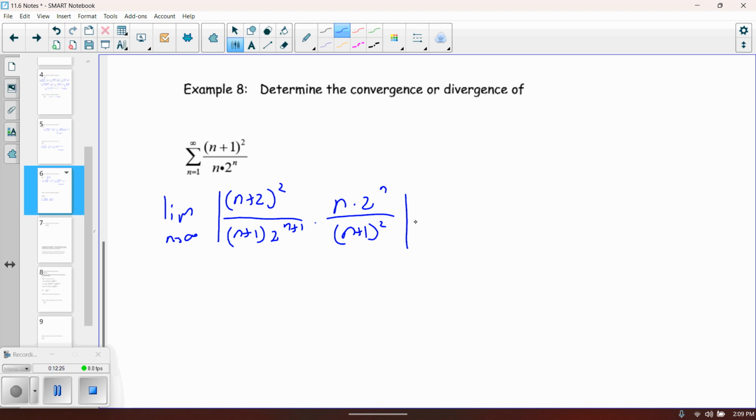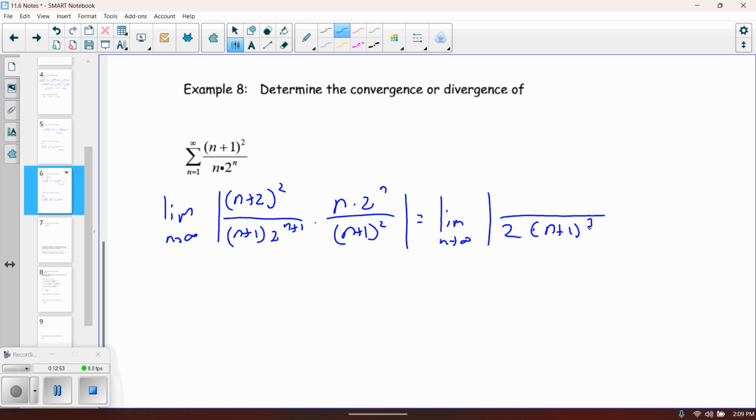All right, let's see what we can simplify, if much. So I know I can simplify the 2 part for sure. So we'll have a 2 to the n over 2 to the n plus 1. That'll leave us with a 2 in the denominator. Everything else looks like it's polynomials here. I've got an n plus 1 and an n plus 1 squared, which will really just give me an n plus 1 cubed.